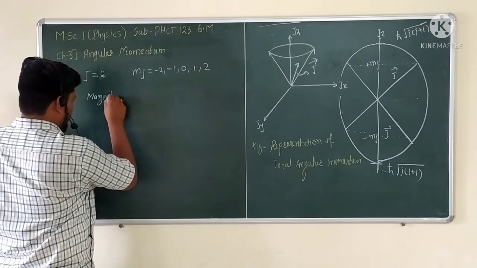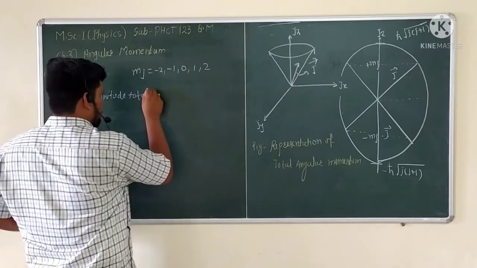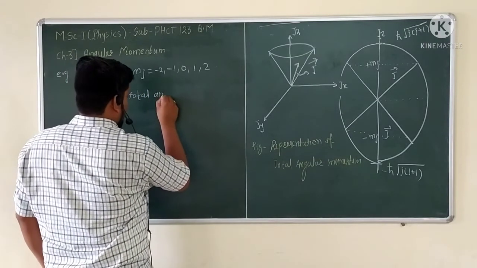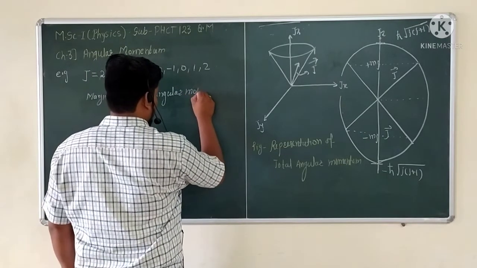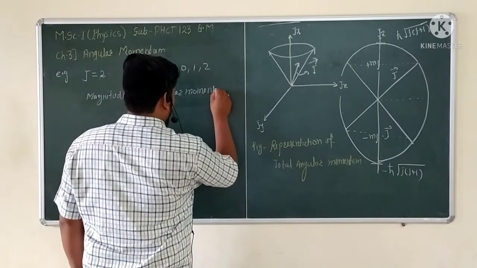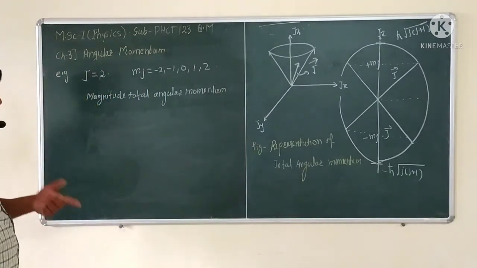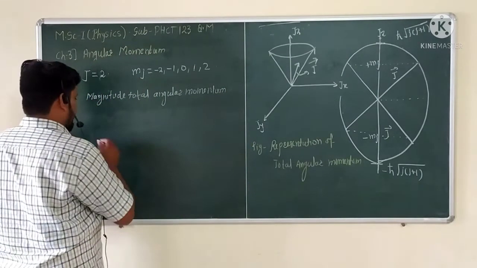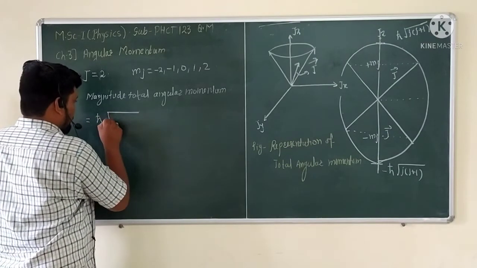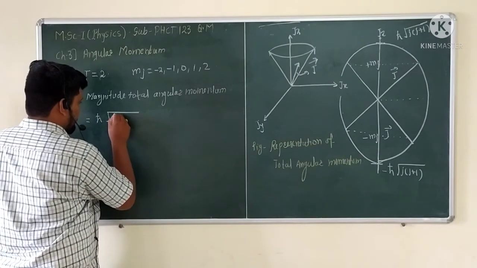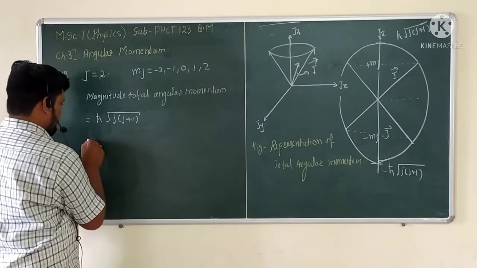The magnitude of total angular momentum, okay, this is nothing but the magnitude or radius value of this circle, and this is nothing but h cross into under root of j into j plus 1, okay.